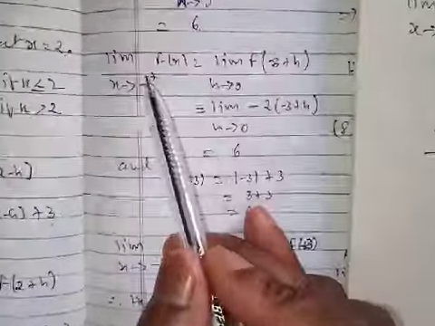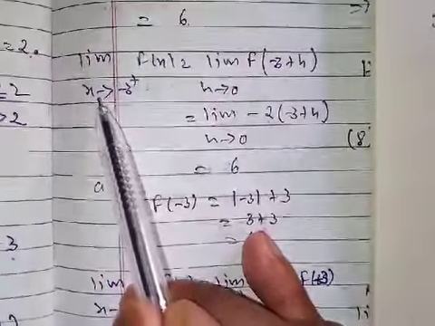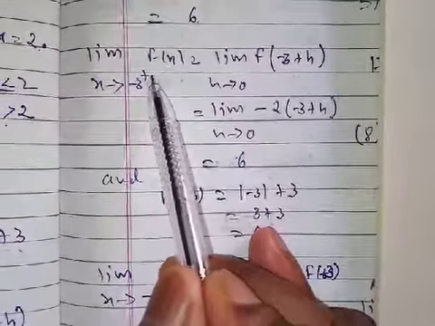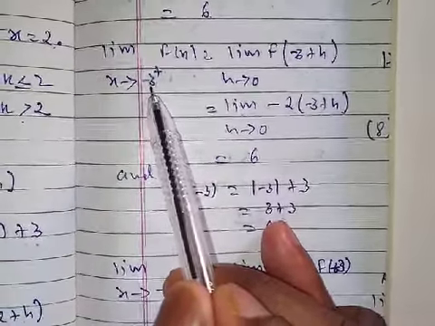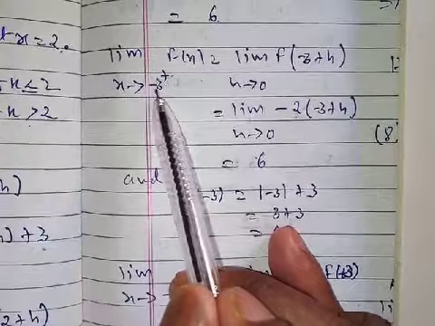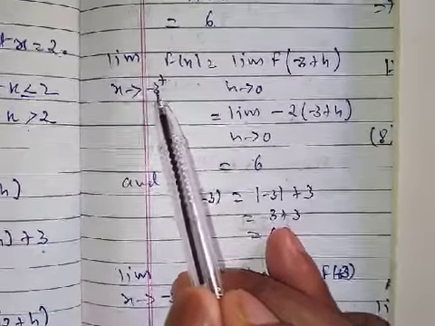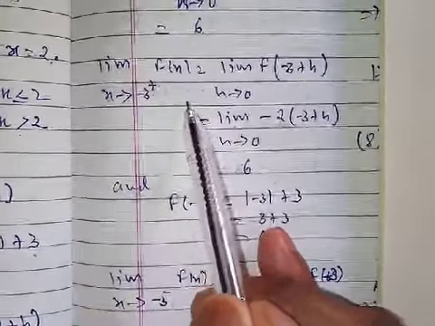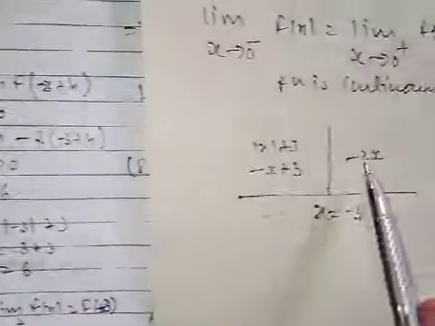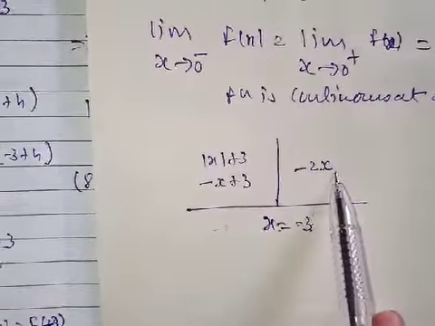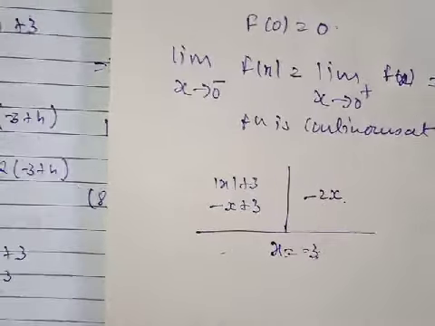Now, when the limit x tends to minus 3 plus, we are taking the continuity at minus 3, and plus means right hand side of minus 3. Right hand side of minus 3 means it is minus 2x. Is it clear? Okay.